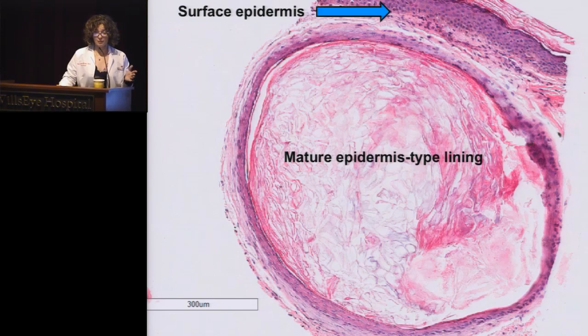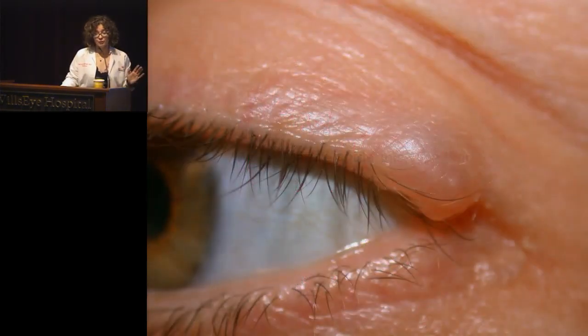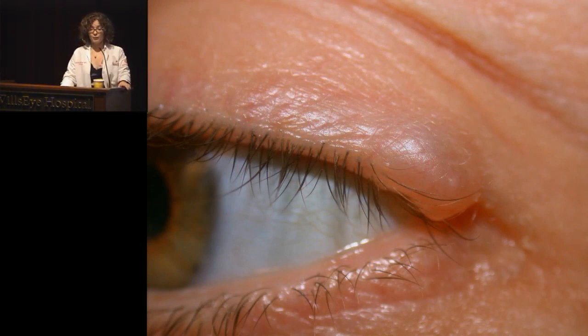Without dermal appendages, epidermal inclusion cyst or infundibular cyst, because some of these arise from dilation of the hair follicle infundibulum. Benign lesion, no need to do anything for it, but it can recur if you leave a little focus of epidermis in the stroma.